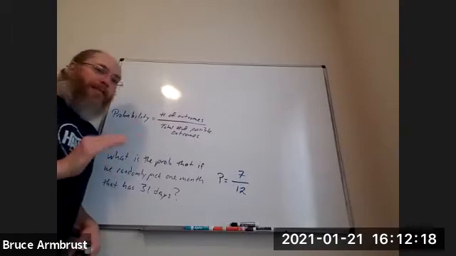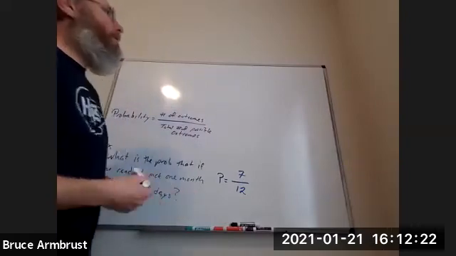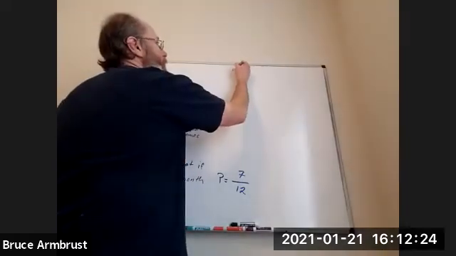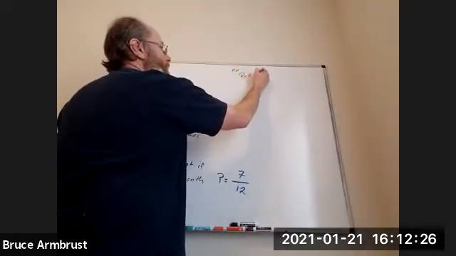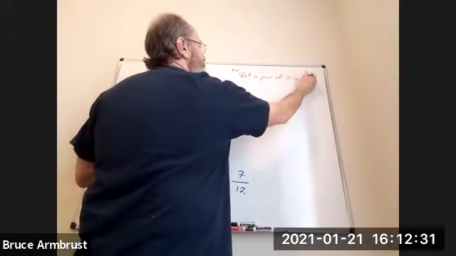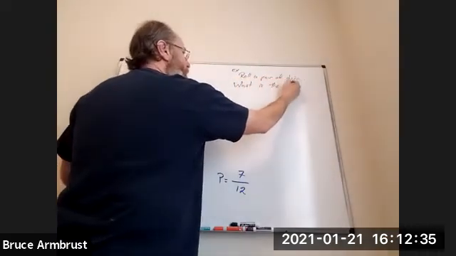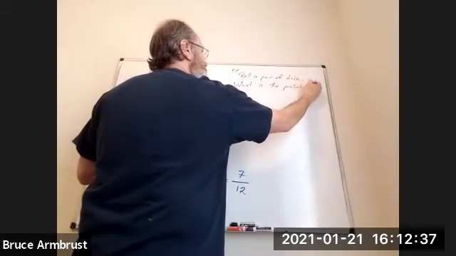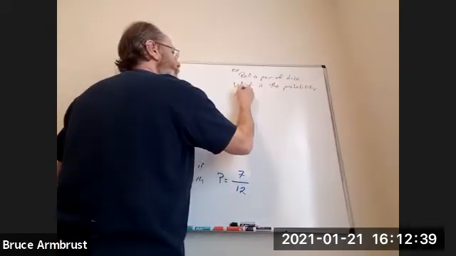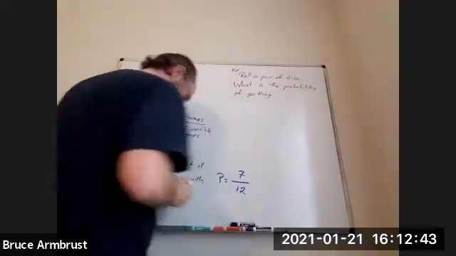All right, let's do one that's a little bit more complicated, a little bit more difficult. We're going to roll a pair of dice. My question is, what is the probability of rolling a 9?